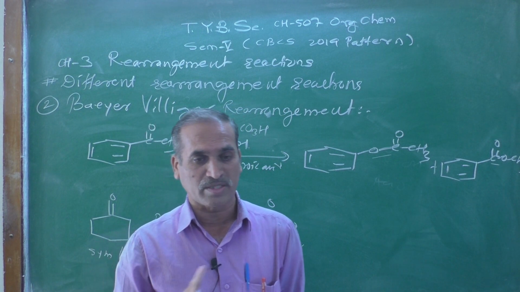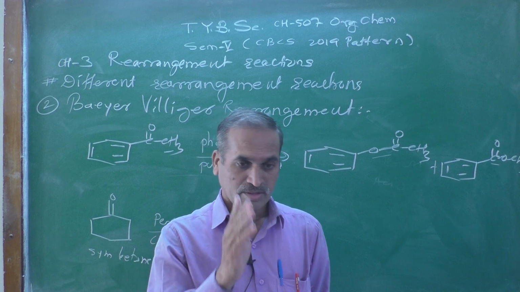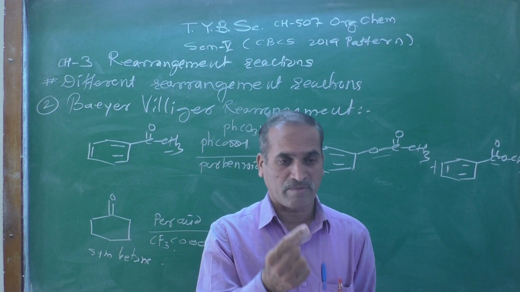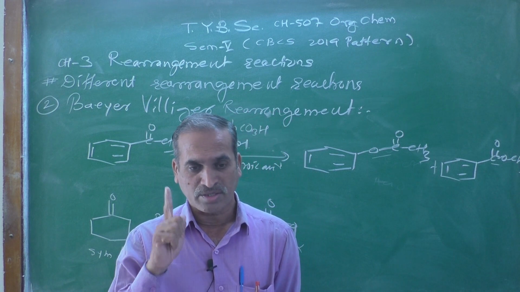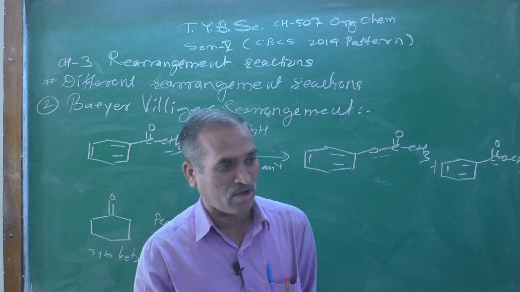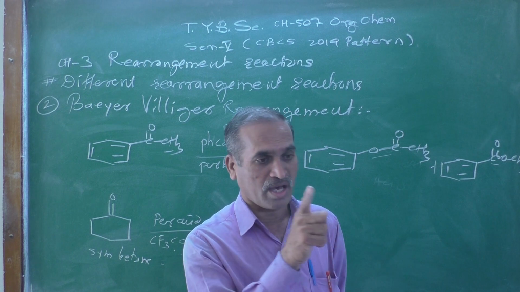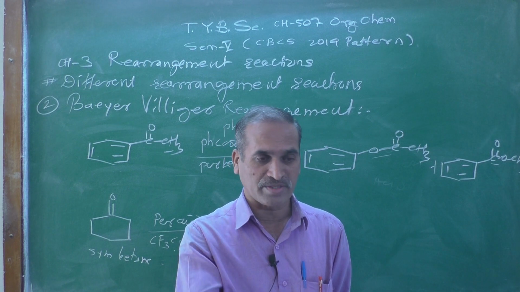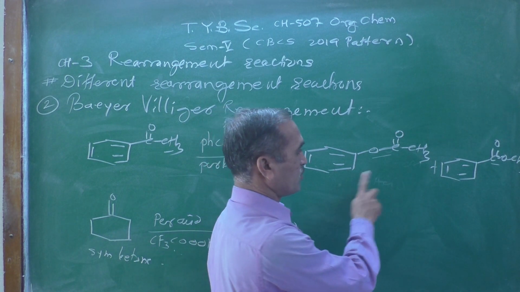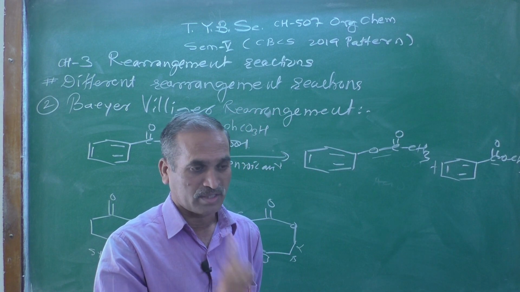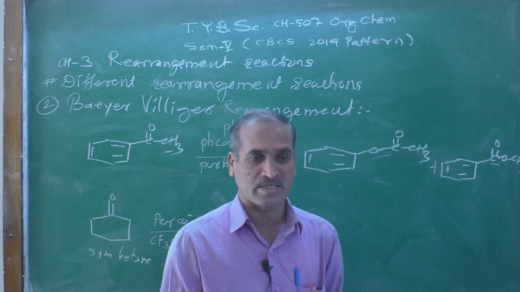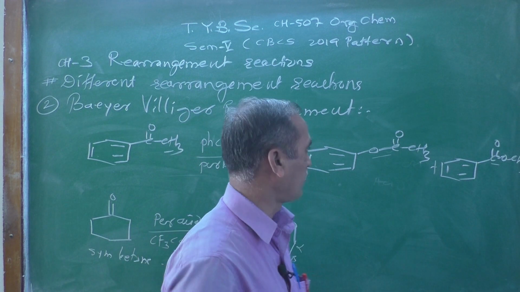Structural isomers means organic compounds having the same molecular formula, but the structural arrangement of atoms is different, so they represent different compounds. These two compounds look very similar, but their physical as well as chemical properties are very different.